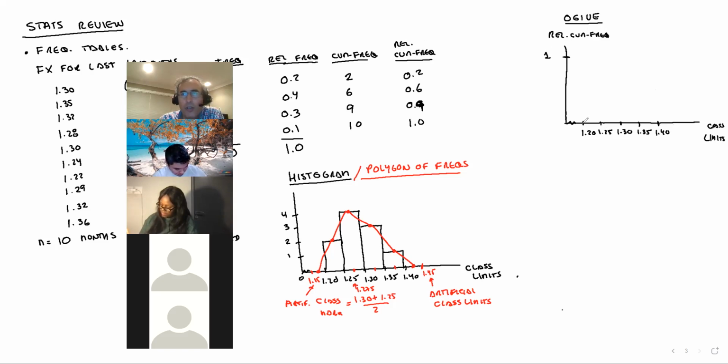So I say below 120, 0. In my data, I have 0 below 120. Below 125, I have 0.2. Below 130, I have 0.6. You see here. Below 135, I have 0.9.